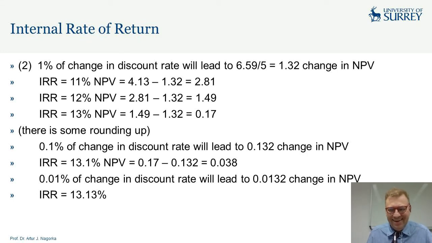But there is a formula. The formula is not wonderful, but yes, there is. We need to calculate some things earlier, and then we arrive at the formula. The formula looks like this.